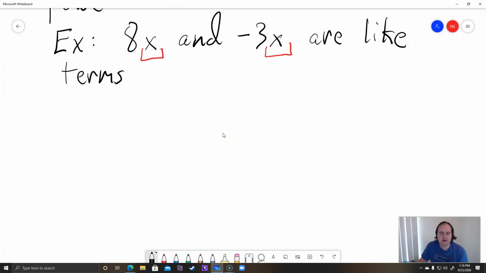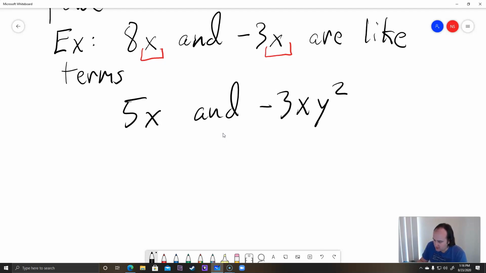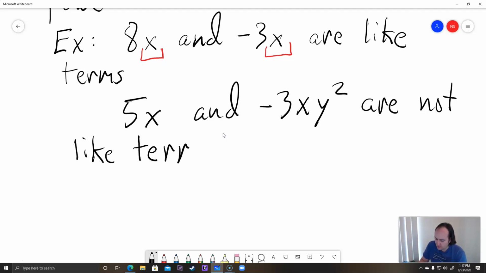Okay, but what would be an example of something that's not like terms? Well, 5x and negative 3xy squared are not like terms. And why are they not like terms?